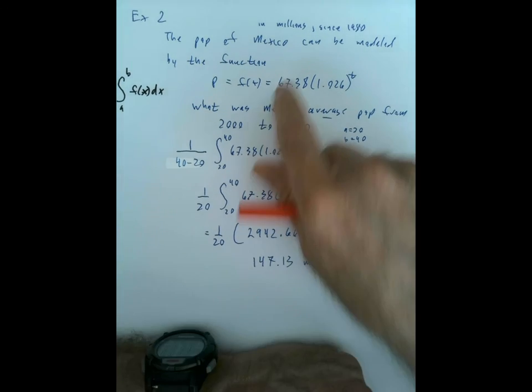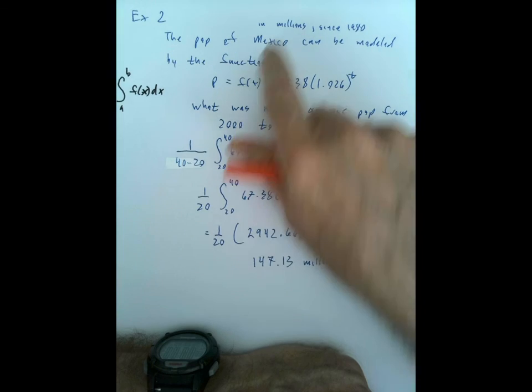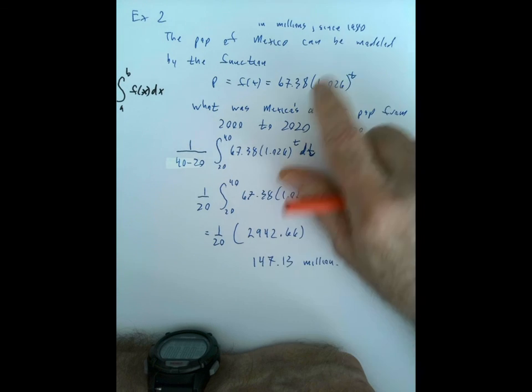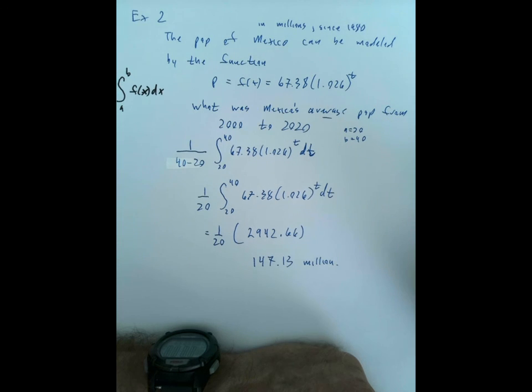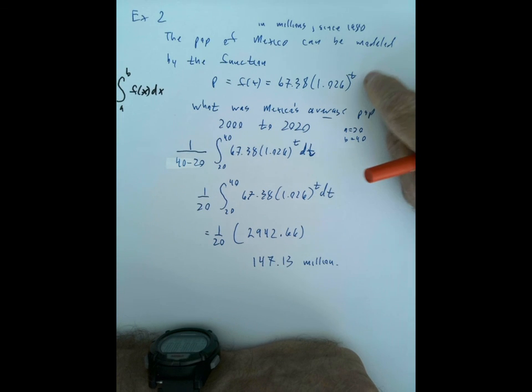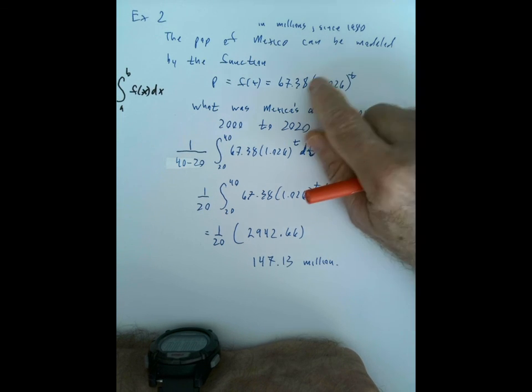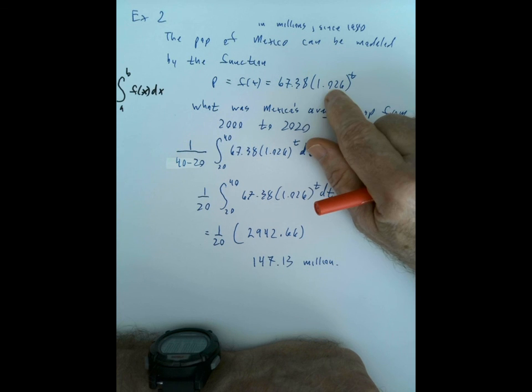Let's say the population of Mexico in millions since 1980 can be modeled by this function here. Don't worry about where that came from, that's just something you could look up or Google. Notice that this is the initial amount, and this is the exponential function showing the population is growing exponentially.